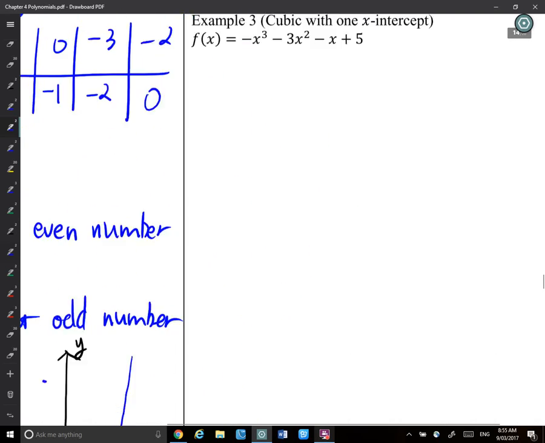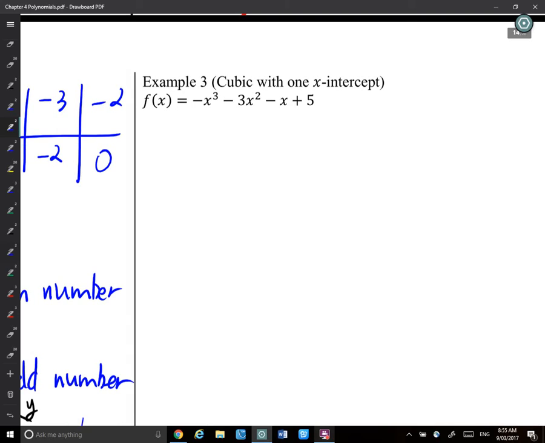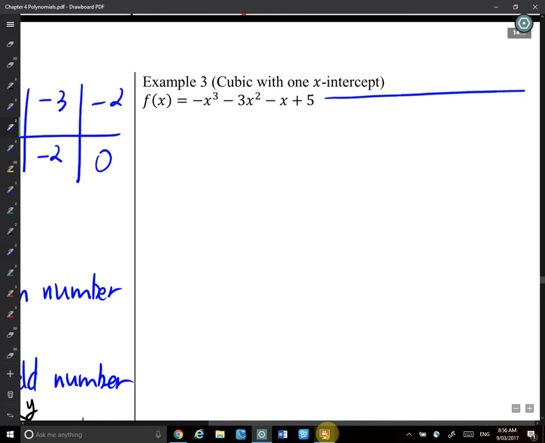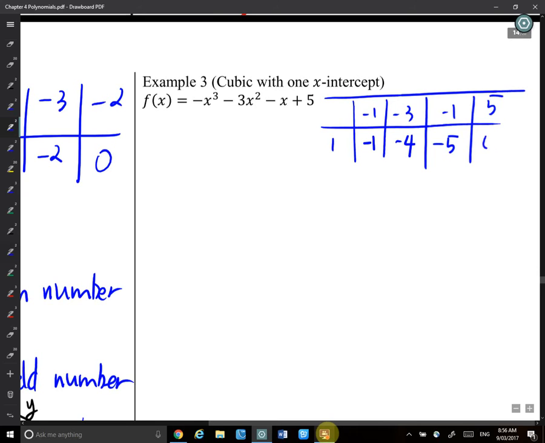So have a look at the next one. I want to factorize this. I will have coefficients minus 1, minus 3, minus 1, and 5. Let's try 1. That's minus 1 times that, minus 4 times plus 1, minus 5 plus 5, 0.